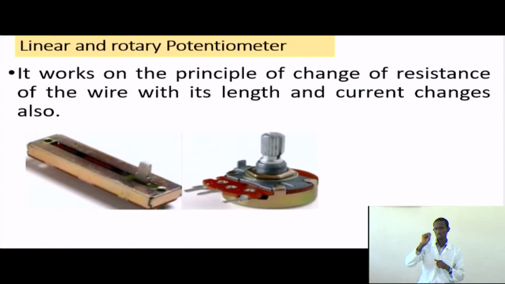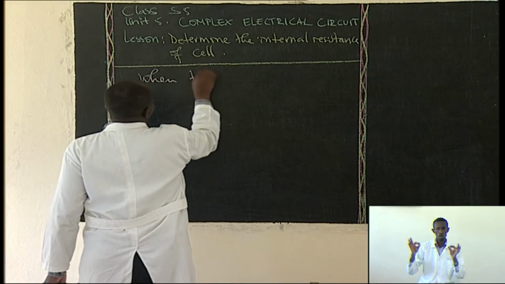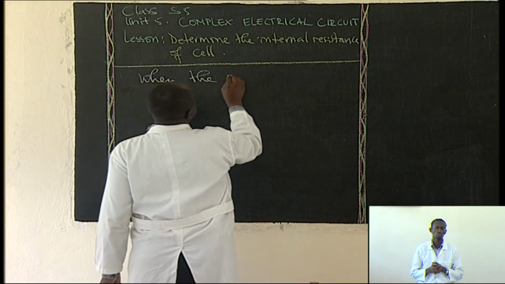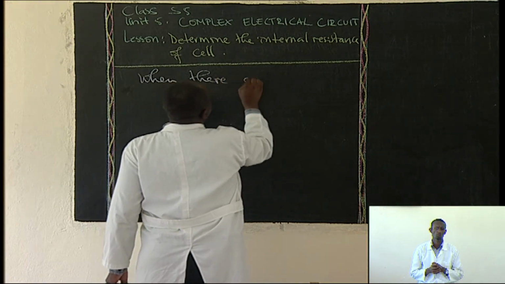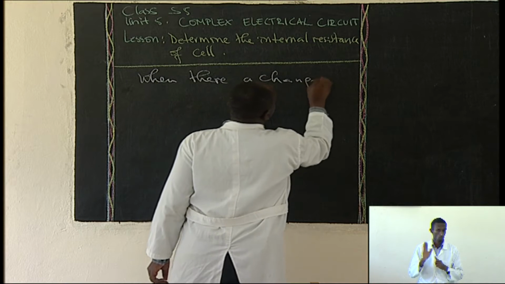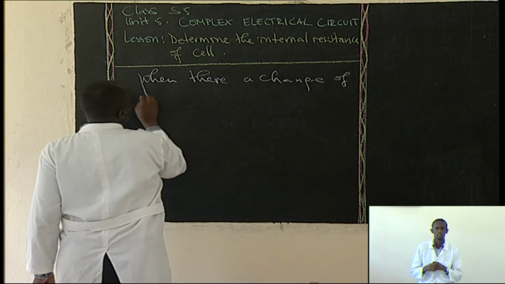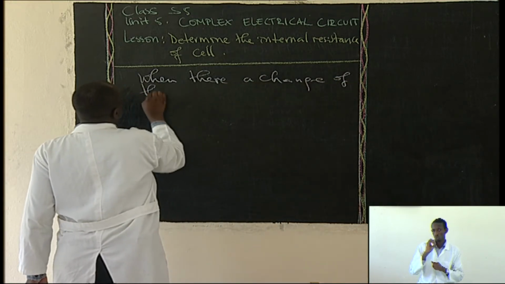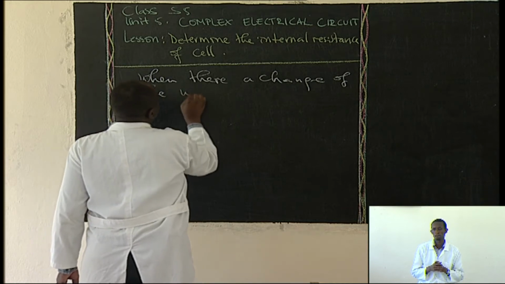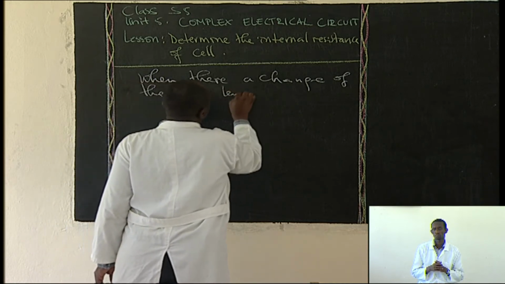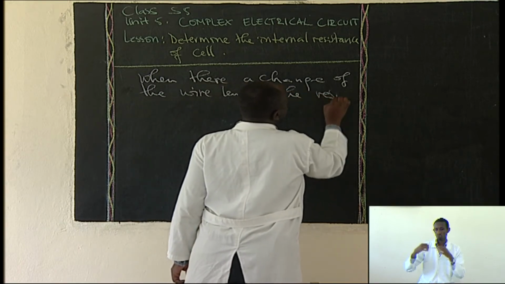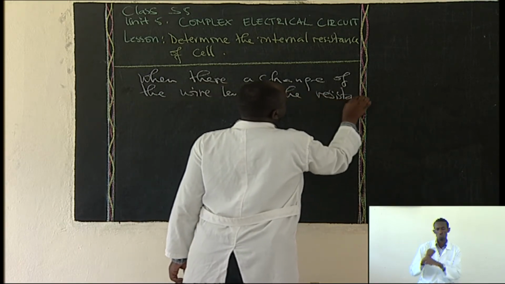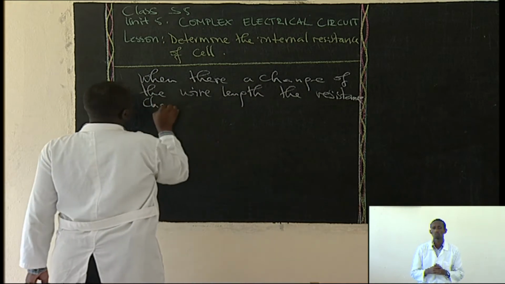So we explained that when there is a change of the wire length, the resistance changes also, right?